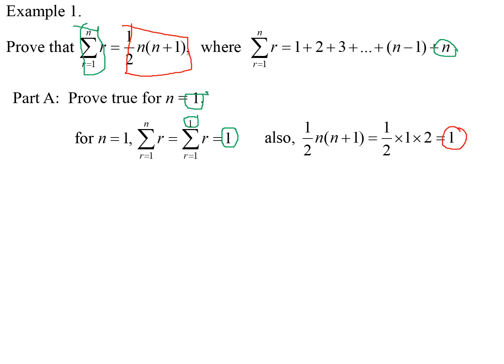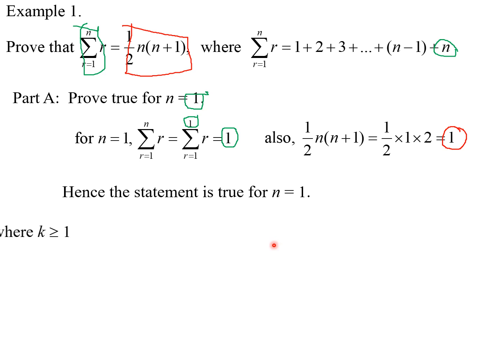So when you substitute n as 1, the left hand side value, which is sigma of r or sigma of any other function given, should equal the right hand side by substituting n as 1 as well. If it's 1 and 1 here, this simply means that the statement is true for n equals 1. Hence the statement is true for n equals 1. That is the first step for proof by induction.